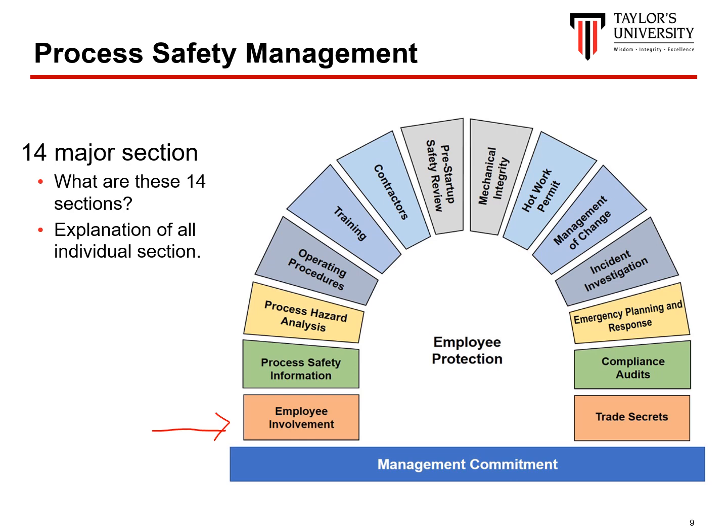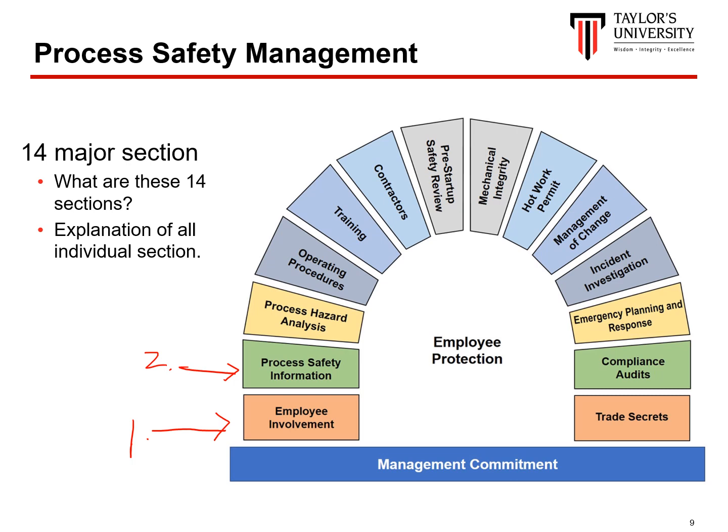Second is process safety information. Process safety information is compiled and made available to all employees to facilitate the understanding and identification of hazards.